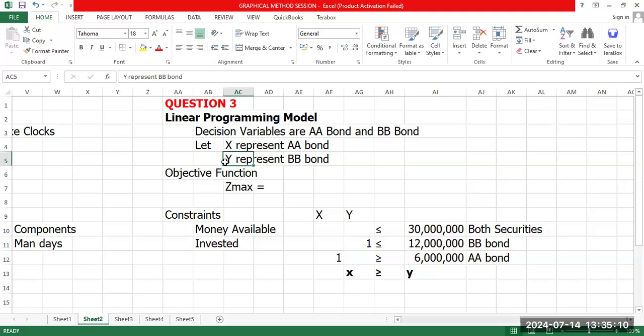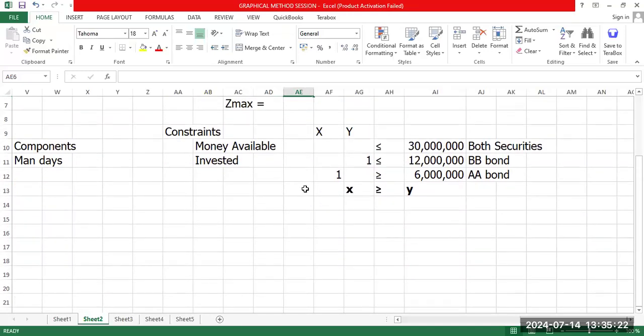Then Y represents the real, exact amount of money invested in the BB bond. But at the end of it all, it's you, the person interpreting this question, to analyze critically and come up with the best inequality.